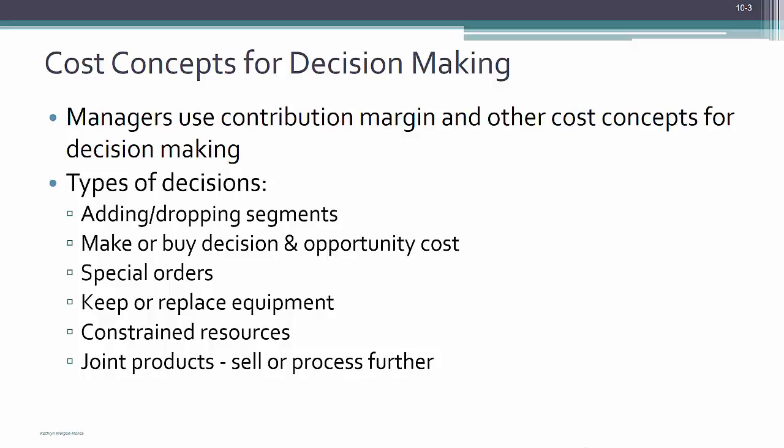To be successful in decision making, managers must be able to tell the difference between relevant and irrelevant data and must be able to correctly use the relevant data in analyzing alternatives. You'll also see that managers employ a wide range of concepts, including contribution margin and sunk costs, in their decision making. The purpose of this video series is to introduce you to these concepts by illustrating their use in several examples.